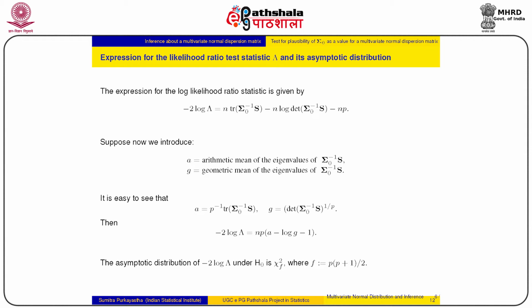So the determinant of sigma naught to the power minus 1 S is the same as the determinant of sigma naught to the power minus half S sigma naught to the power minus half, which is strictly positive. This itself is a positive definite matrix.